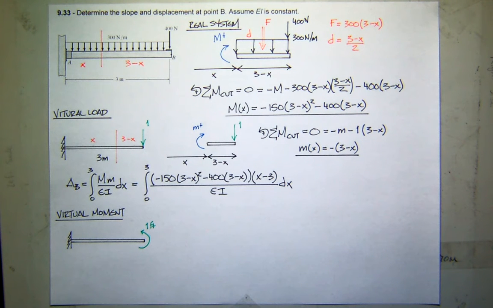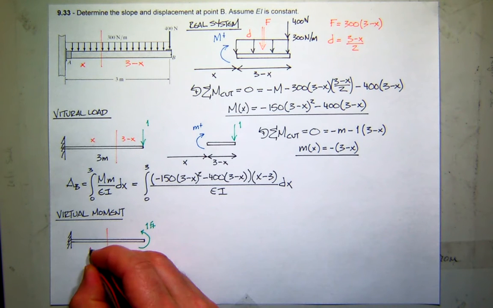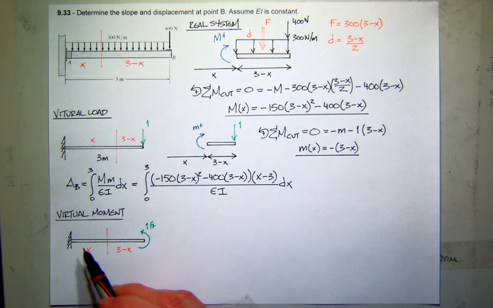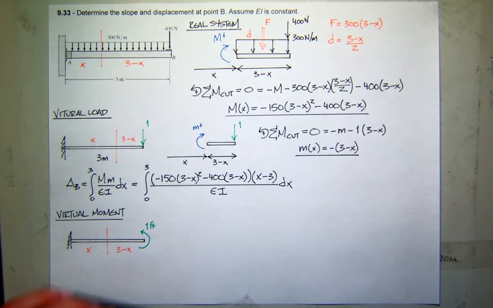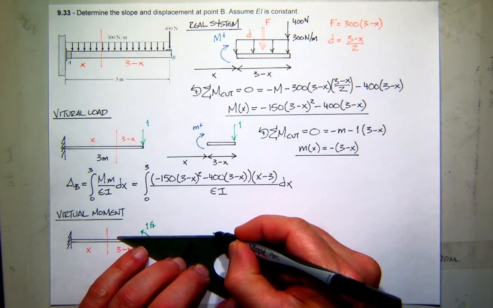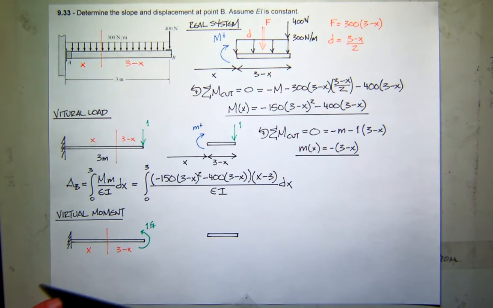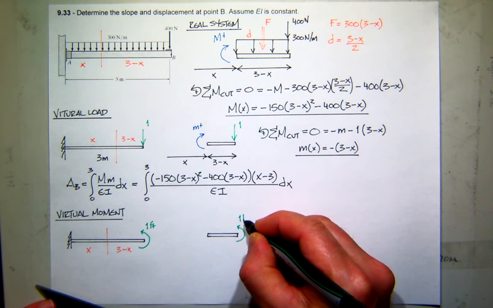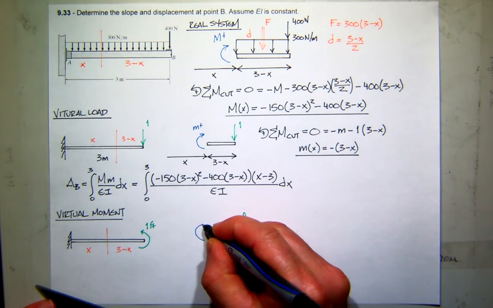Well, sure I can. In fact, if I cut it anywhere at a distance x, this side being 3 minus x, what side do you want to work? The left side or the right side? Right. The right side. And when I draw a free body diagram of that right side, I get this. I get my applied virtual moment. I get my internal virtual moment.